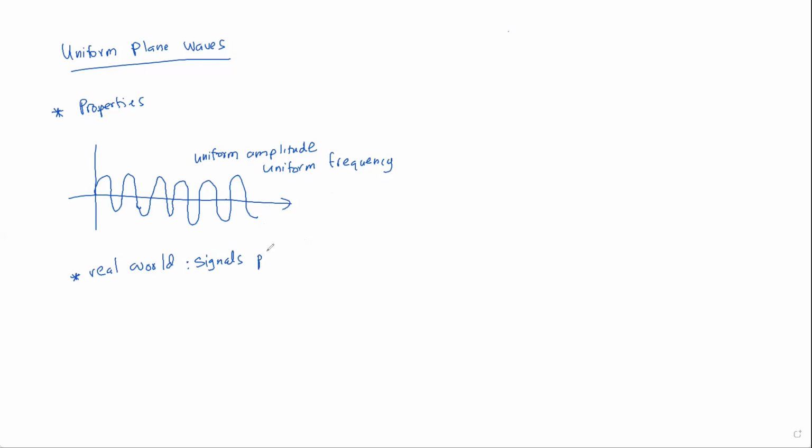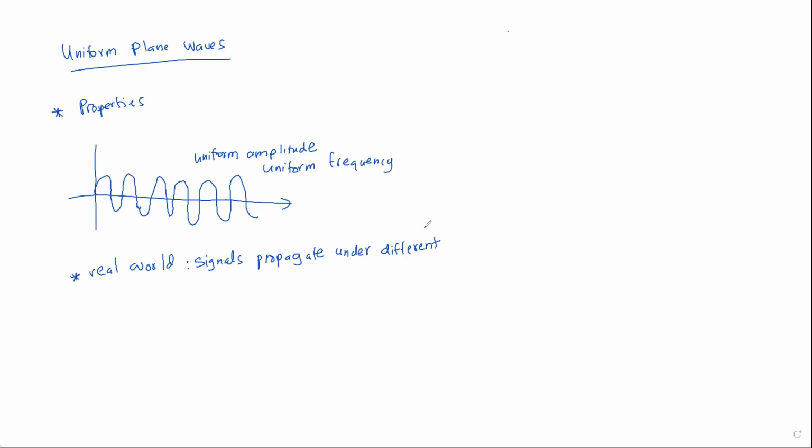So signals propagate under different environmental conditions, and due to the conditions of the environment, the wave properties vary with the time, and the wave properties change.